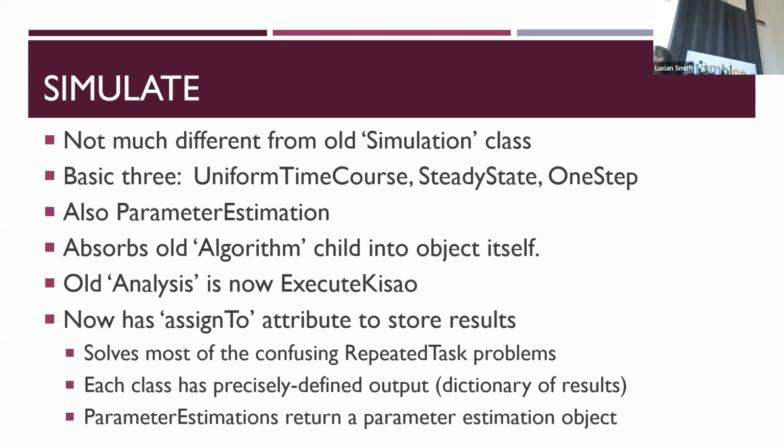I think it's designed to solve most of the confusing repeated task problems, because now we're explicitly pulling out data in a particular form for all these things. It has precisely defined output, like a dictionary of results, and parameter estimations return just a parameter estimation object that you can send to results, or send to your output things and do the normal thing with it.